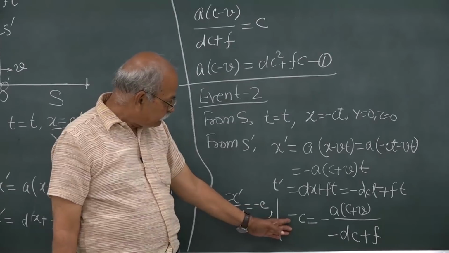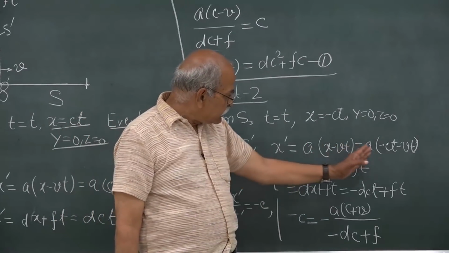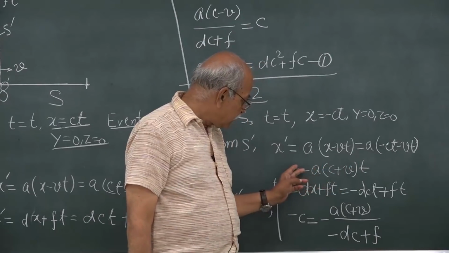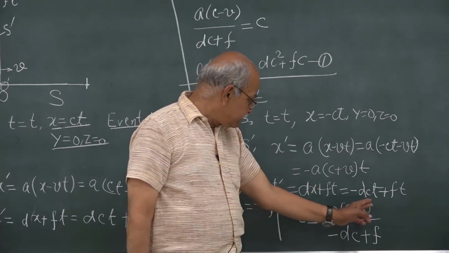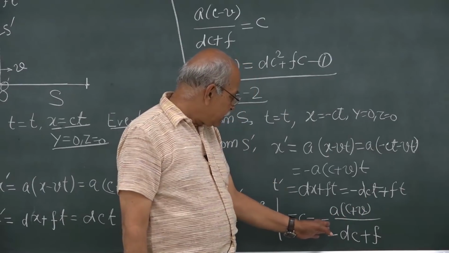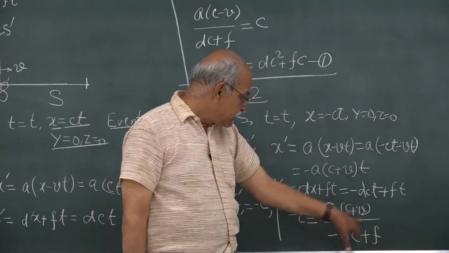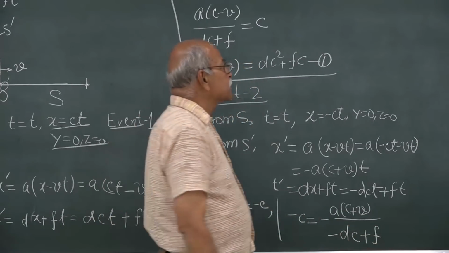So, this side is minus A into c plus v t, divided by minus D c t plus F t, and t cancels out.